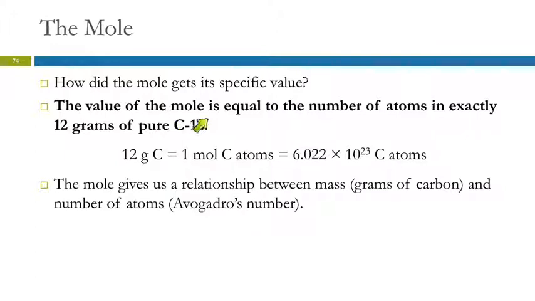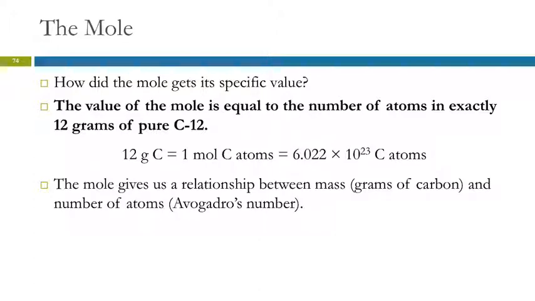The value of the mole is the number of atoms in exactly 12 grams of pure carbon-12. And we heard about carbon-12 because we said that the atomic mass unit was 1/12 the mass of a carbon-12 atom.